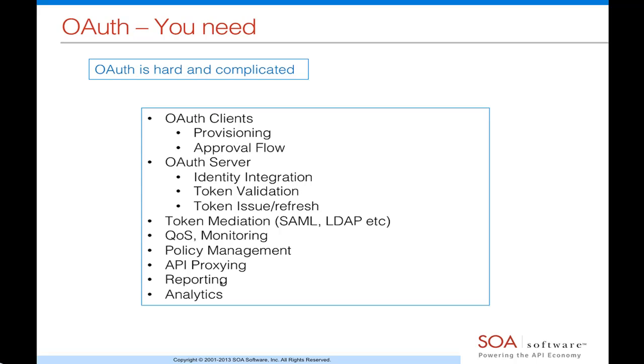This token mediation, which is you as a client have OAuth and you might want to do token mediation across SAML and LDAP. There's obviously monitoring, policy management, API proxying, reporting, and analytics, all of which goes into OAuth. So OAuth can get really hard if you try to do it yourself, but it's also extremely important to understand all these aspects of OAuth to keep your service and API secure.